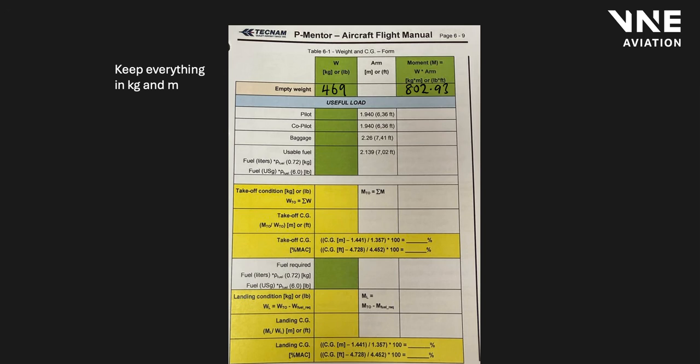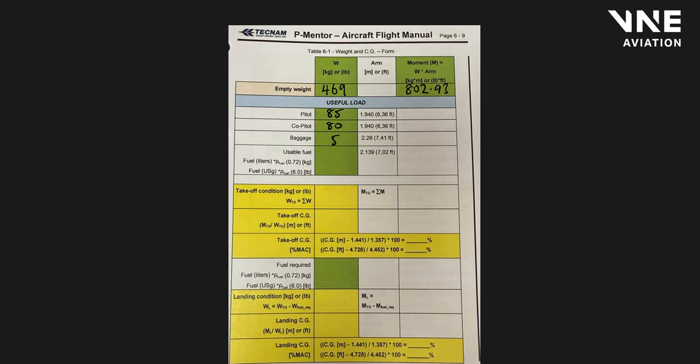So you can see I've entered the basic empty weight. We've got 469 kilograms, and we've got the moment as 802.93. To that basic empty weight, we're going to add weight. In this context, we're going to add a pilot weight of 85 kilos, a co-pilot of 80, and some baggage of 5 kilos. So we've entered those into that box.